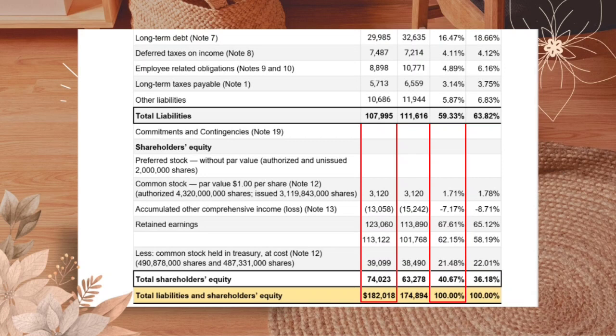As for the rate, we're going to divide 113,122 to the total asset of 182,018 multiplied by 100 is equals to 62.15%. We could also add the 1.71%, deduct it by negative 7.17%, add 67.61%, then we will have the result 62.15%.